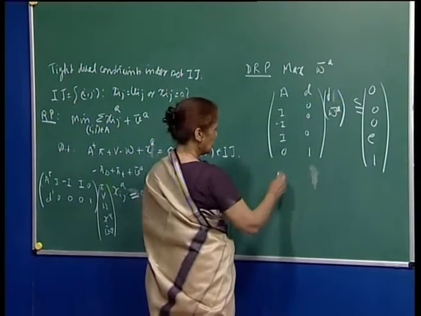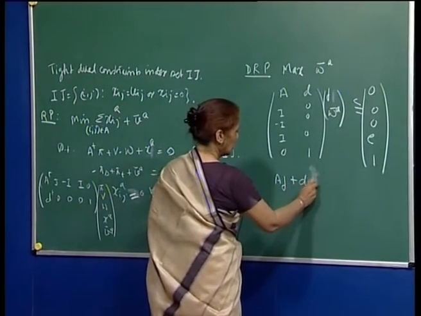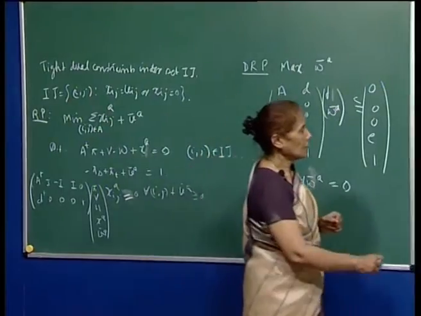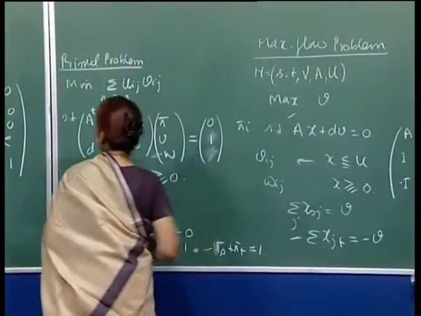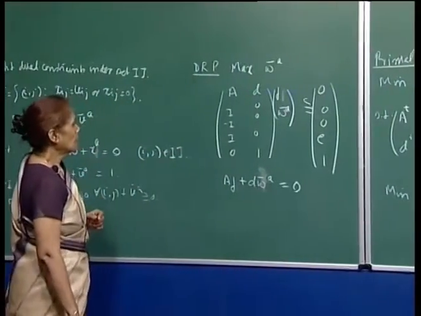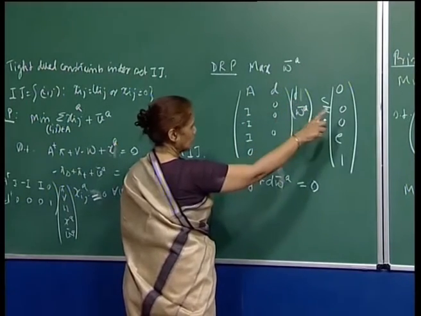See, the first one says that your AF plus D W bar A is 0, which is your flow conservation, which we are anyway having here, and this is only for the rest, and then it will tell you F less than or equal to 0.